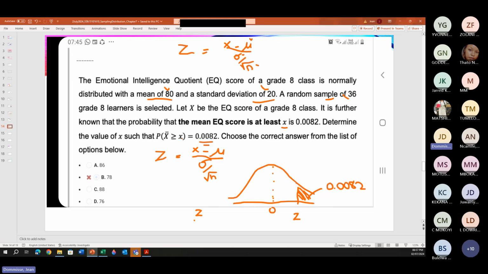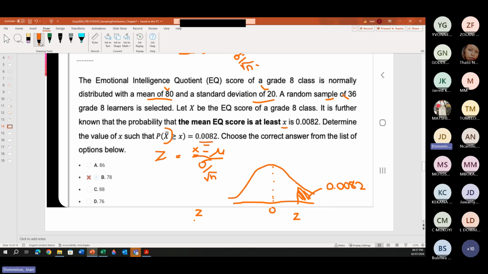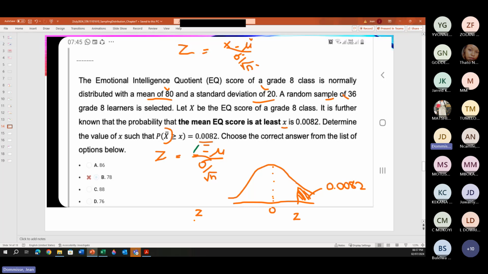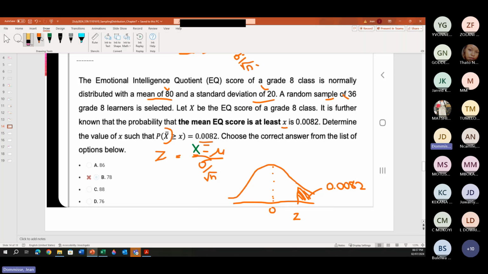So in the end, I want to know what is the x. Okay, so let's make the x a different color because that is where I want to end up. So I want to end up where I know what the x is. Okay, so the first thing we'll do is let's substitute all the things that we already have, that we know, into this formula.